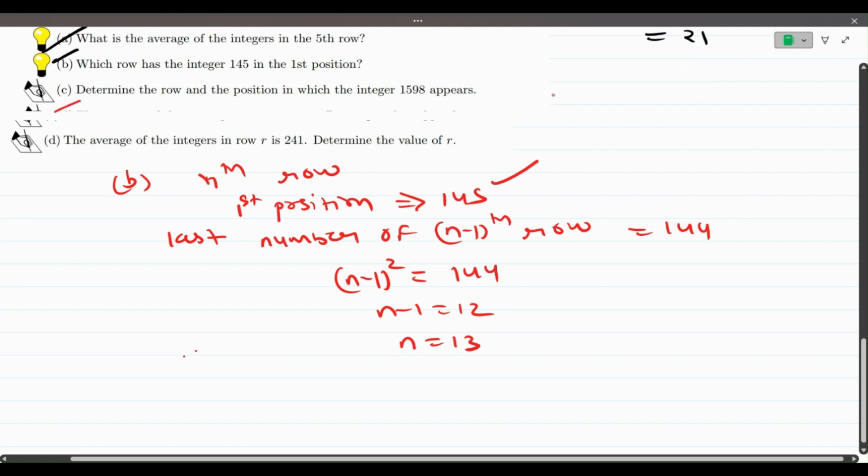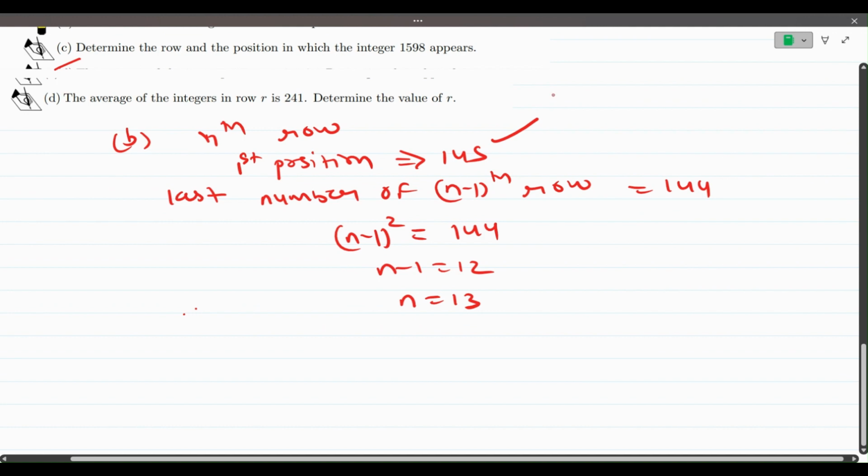Look at question number C. Determine the row and the position in which the integer 1598 appears. So 1598 is less than the square of 40 and greater than the square of 39.